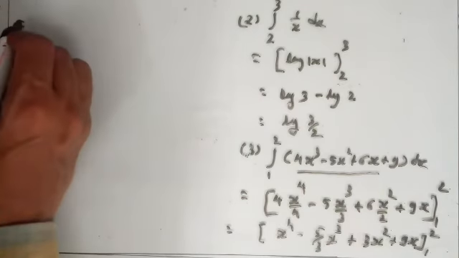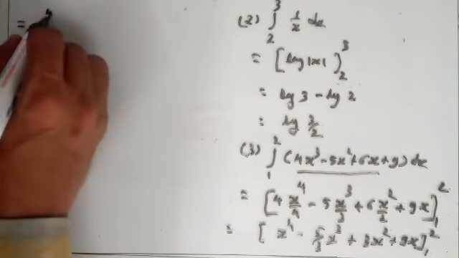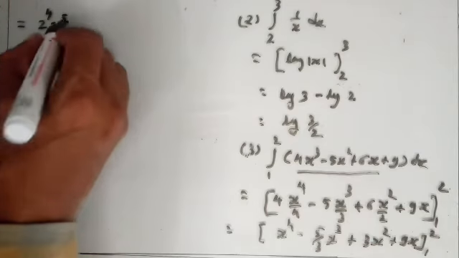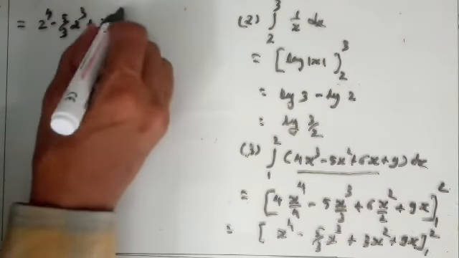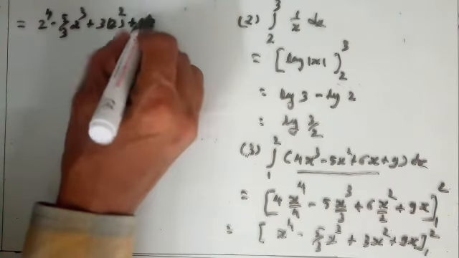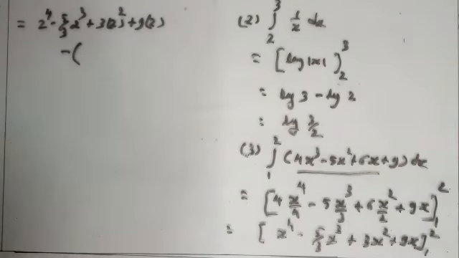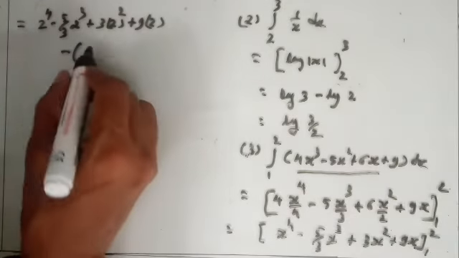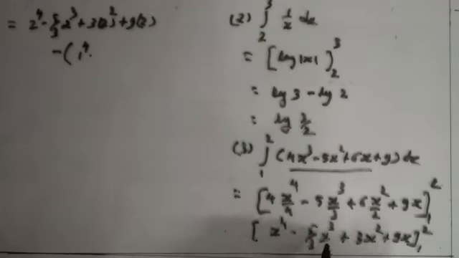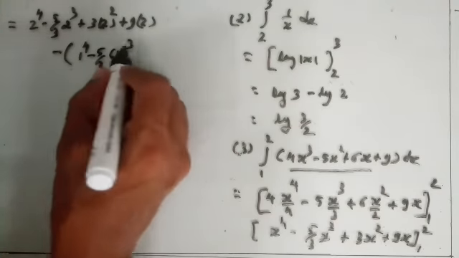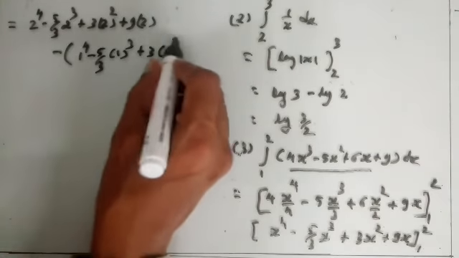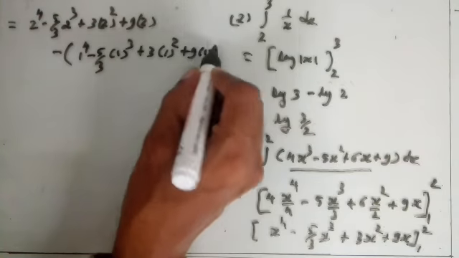Now apply the limit F(b) minus F(a). Here b is equal to 2. So 2 raised to 4 minus 5 upon 3 into 2 raised to 3 plus 3 into 2 square plus 9 into 2, minus, in brackets, replacing x by 1: 1 raised to 4 minus 5 upon 3 into 1 raised to 3 plus 3 into 1 square plus 9 into 1, bracket over.